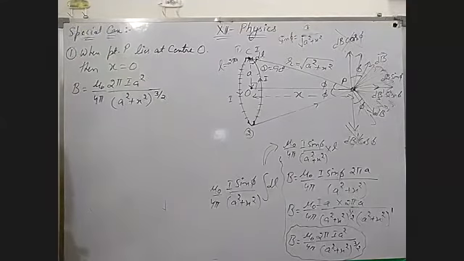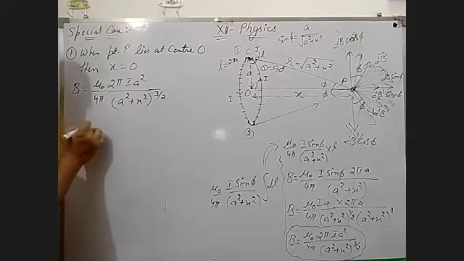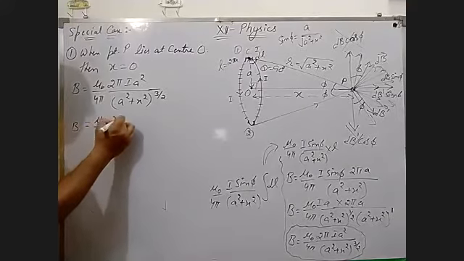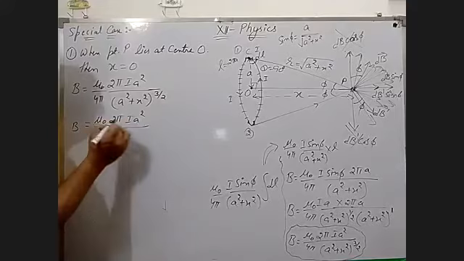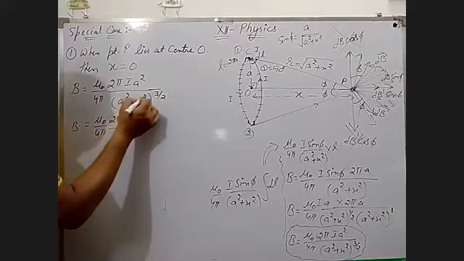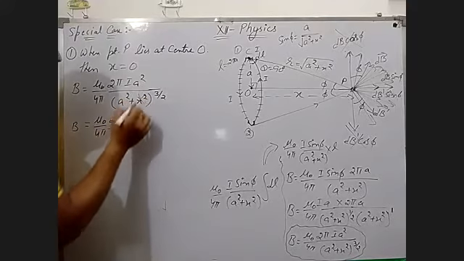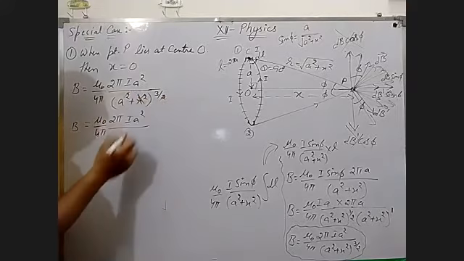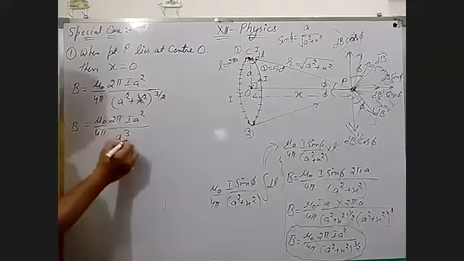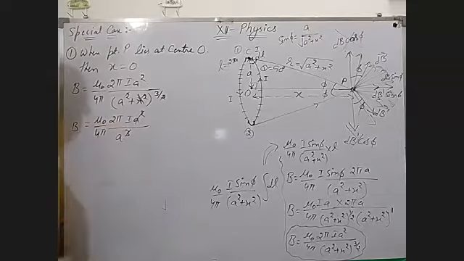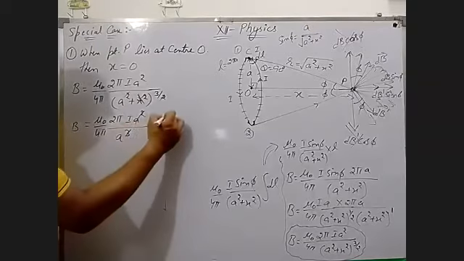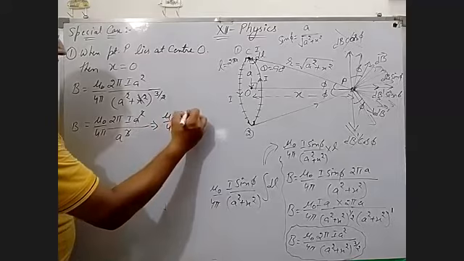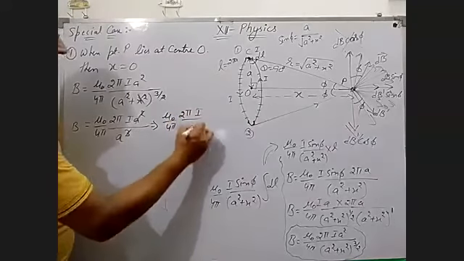Then 2 pi I a square upon this thing, you have to neglect now. A square cancels a cube, and from this a cube, this a square cancels. Only the left term is mu naught upon 4 pi 2 pi I upon a.